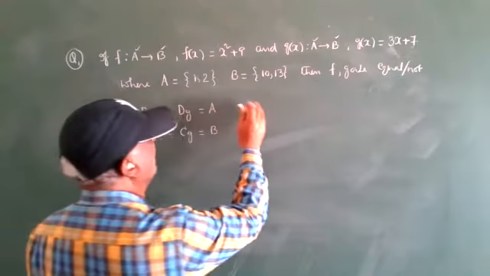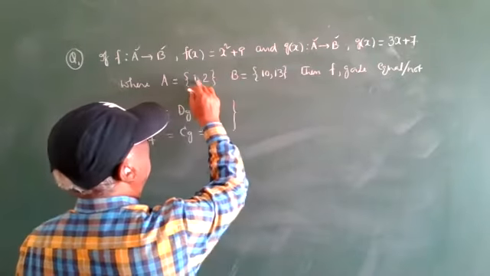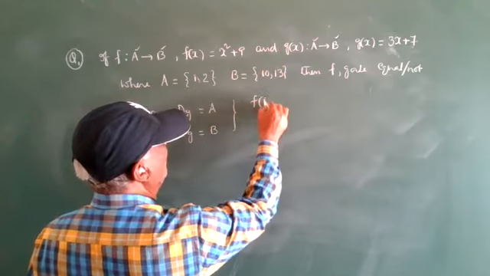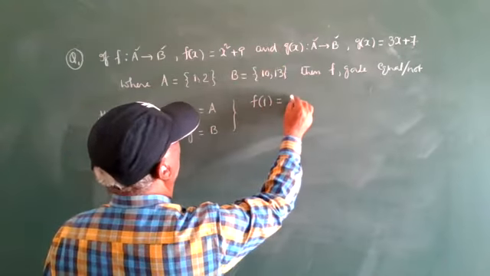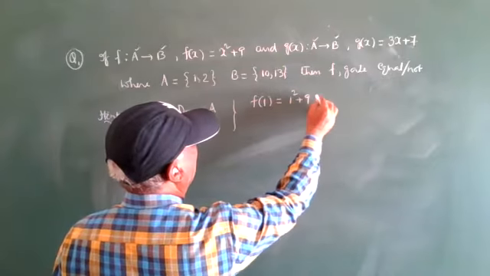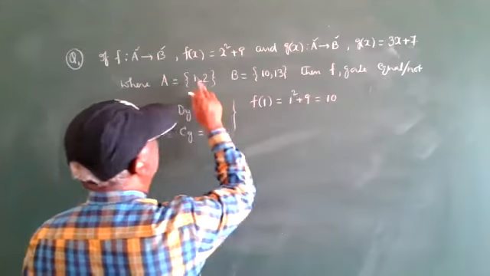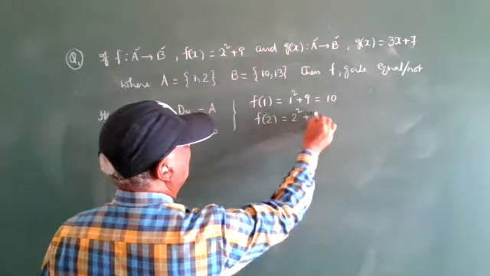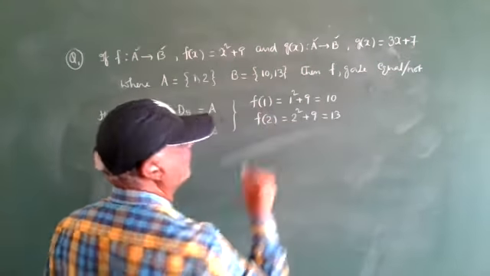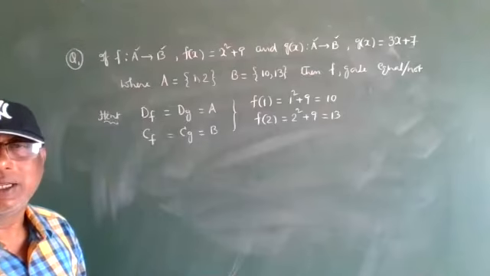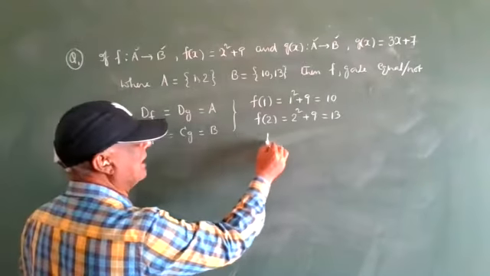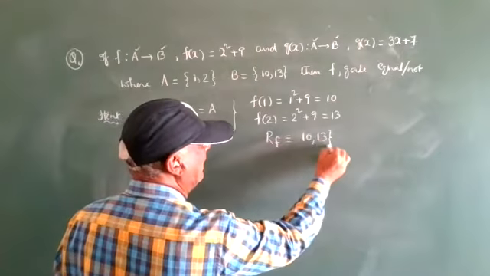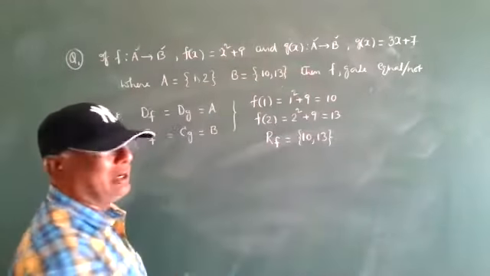I will substitute the A elements in f of x. f of 1 is equal to 1 square plus 9, therefore this is 10. Second element, f of 2 is 2 square plus 9, that is equal to 13. So the range of f is 10 and 13. We are getting the same codomain elements only.